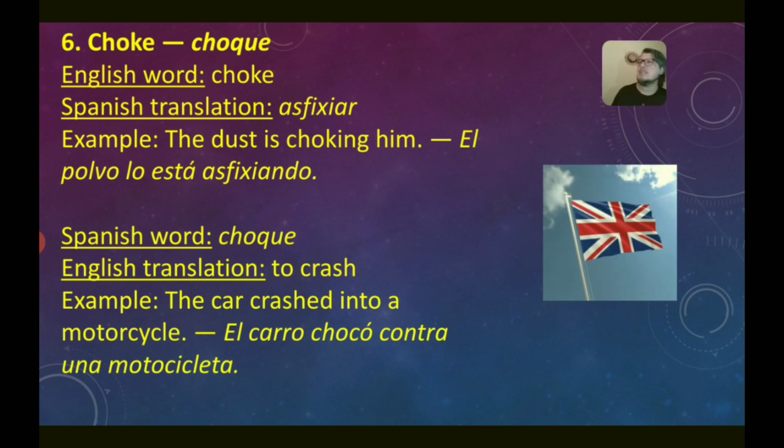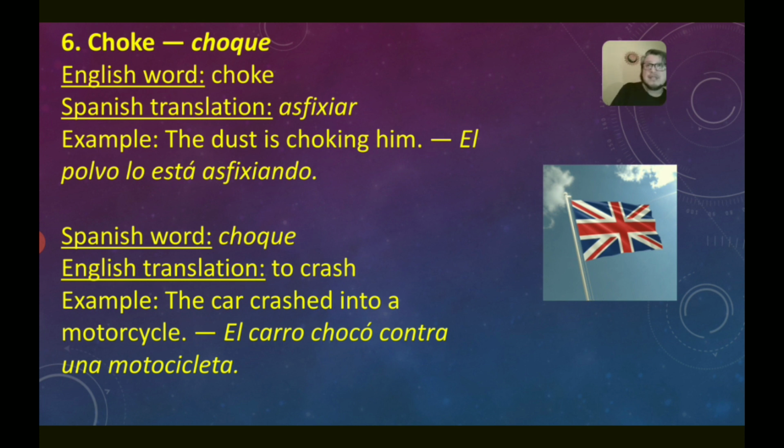Choke and choque. No, it's not like that. It's choke and choque. They look very similar, and maybe even some Chilean people from this country have told me, but that is not well written. Choque is not with K, it's with Q-U-E. Choke in English is asphyxiate, like you can't breathe. That's choke.